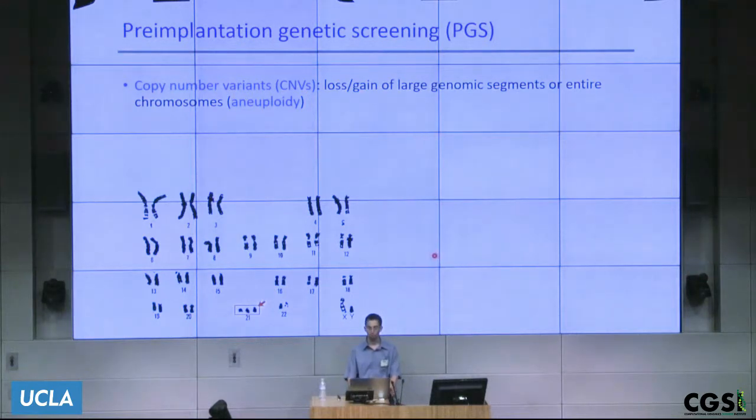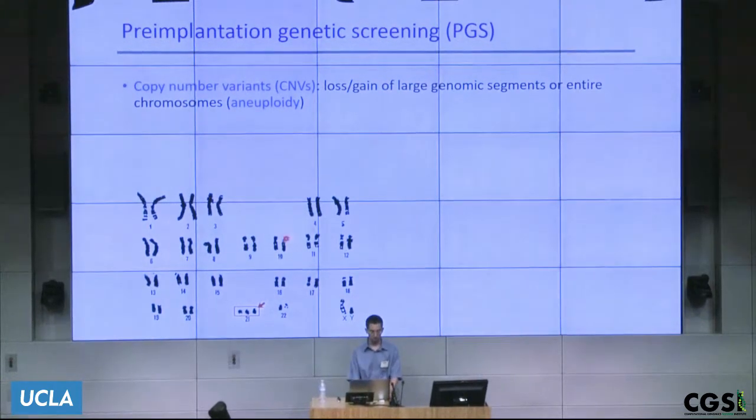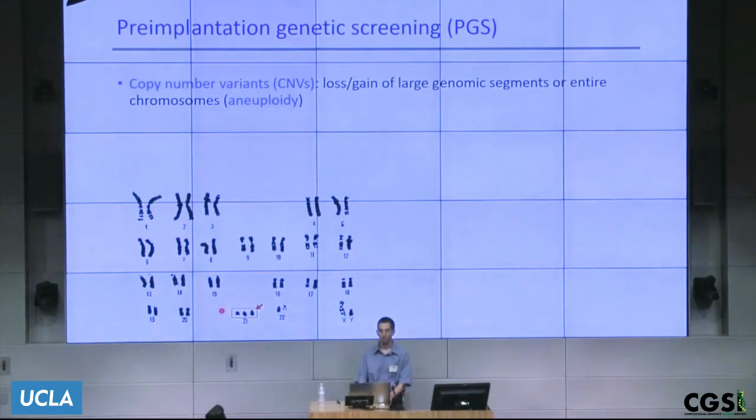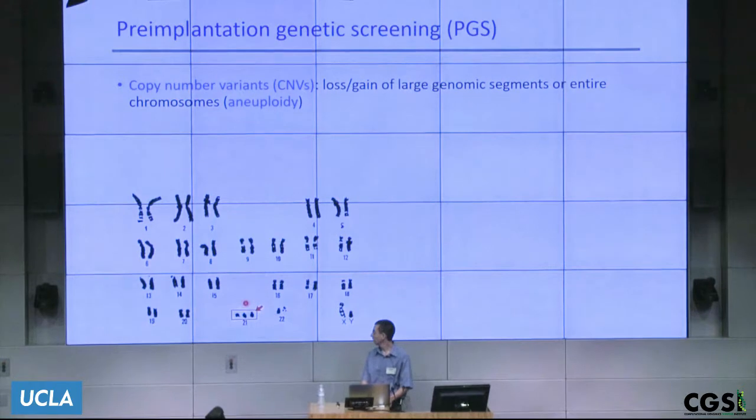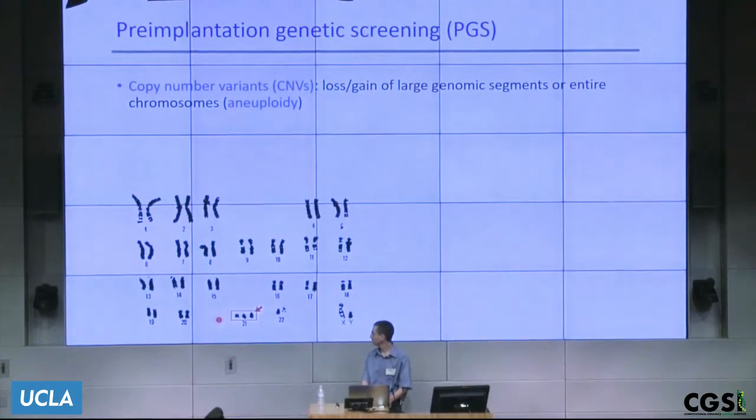In this talk, I mostly focus on megabase scale gains or losses. Sometimes we also talk about loss or gain of an entire chromosome, and this is called aneuploidy. So, for example, here you can see gain of chromosome 21. So this person has a chromosome 21 trisomy. Do you know what disease this is? So, yeah, okay. So this is Down syndrome, right?